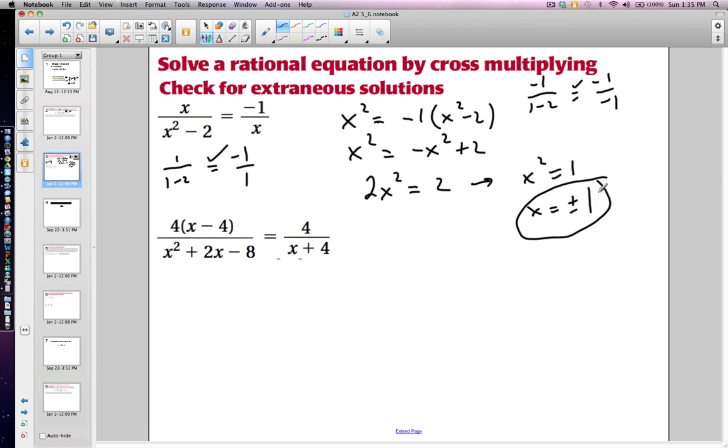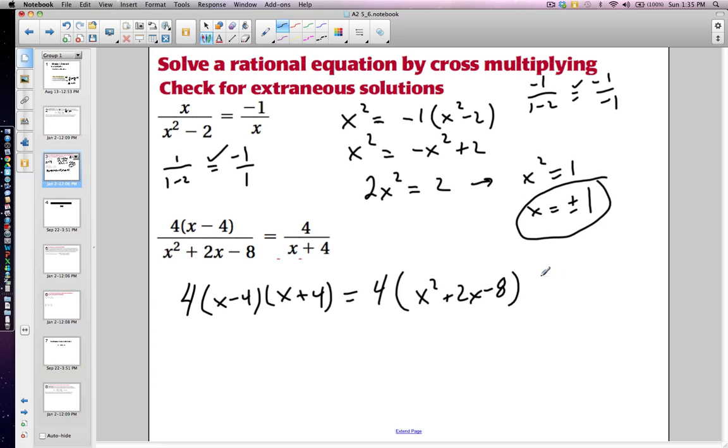If I move on to my next problem, I'm going to cross-multiply. Now, when you have a lot of factors, I discourage you from immediately combining everything. Because when I have, for instance, 4 on either side of the equation, I can divide both sides by 4 and get rid of it.